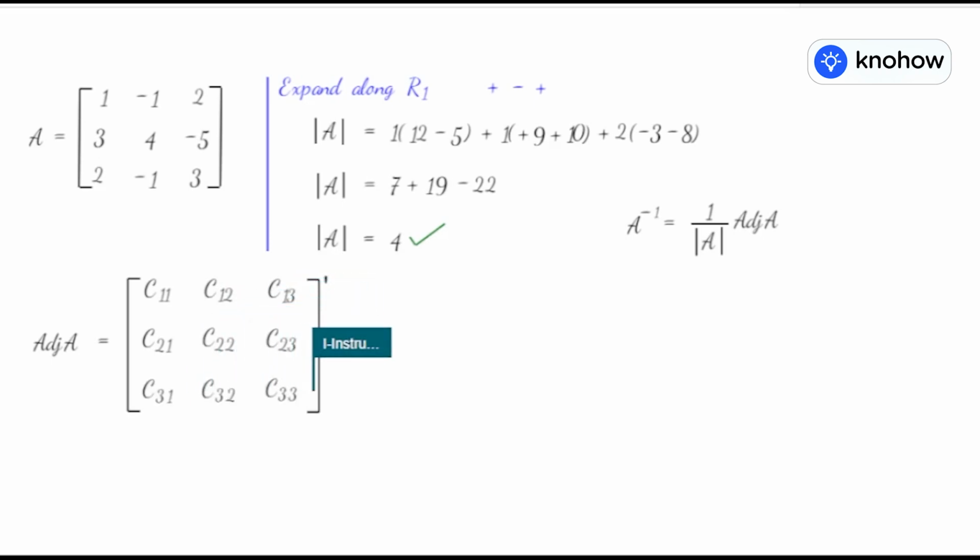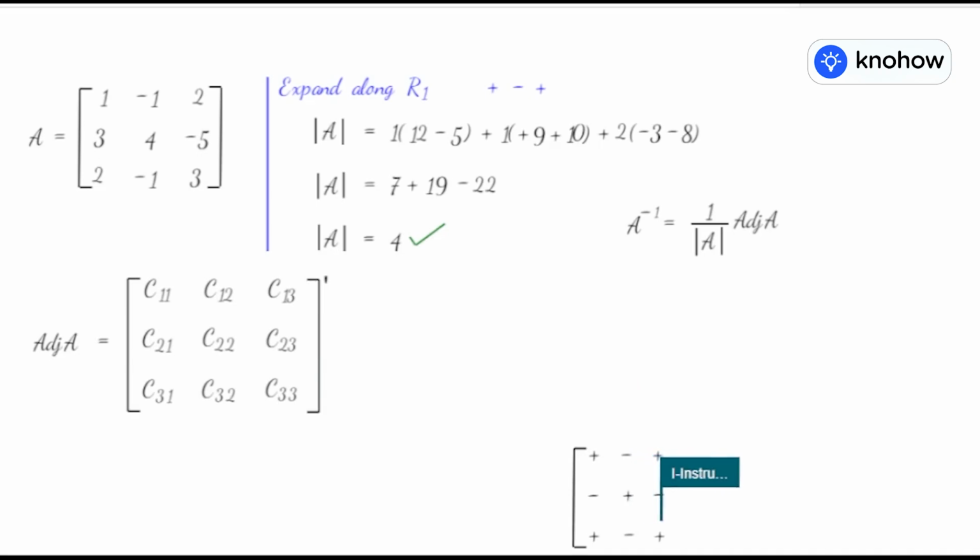And how do you work out the cofactors? Delete the row and column through that element, work out the value of the remaining determinant, and with a proper sign, that is minor with a proper sign, and the proper signs are assigned like this: plus, minus, plus, minus, plus, minus, plus, minus, plus.